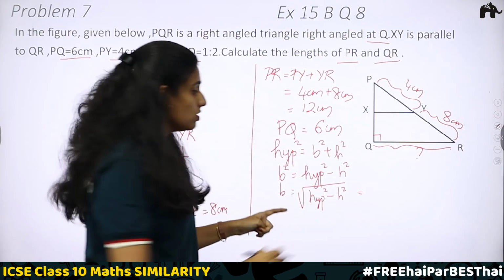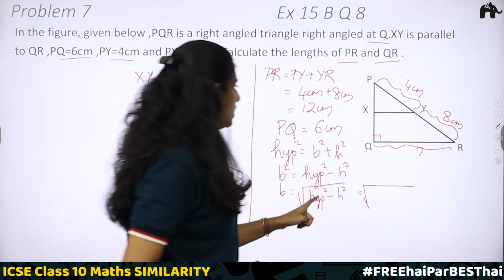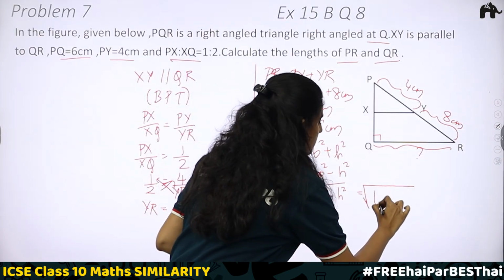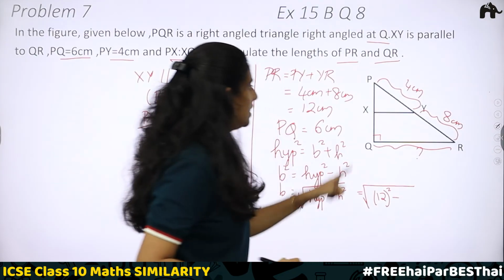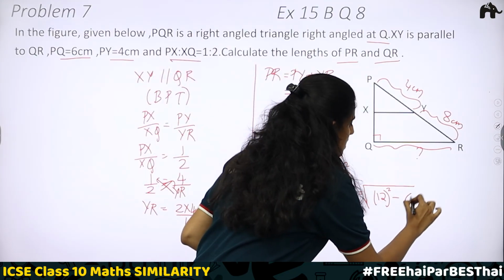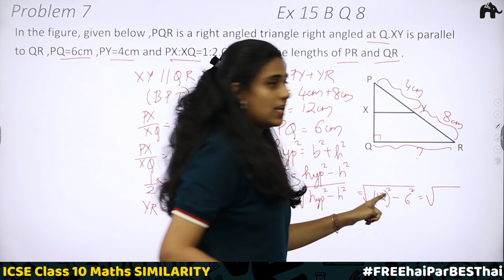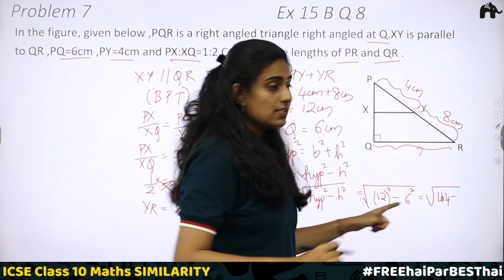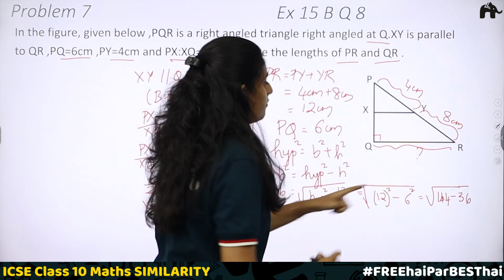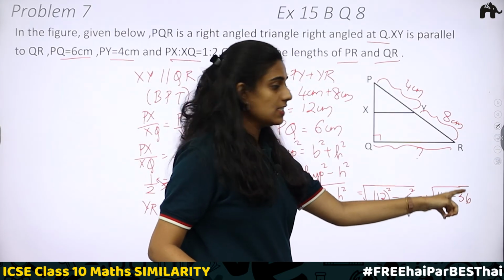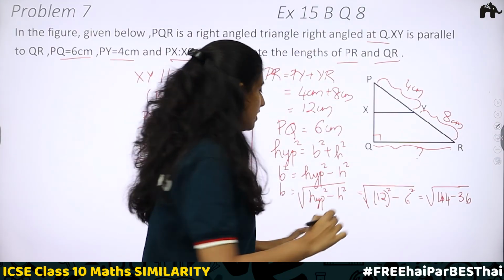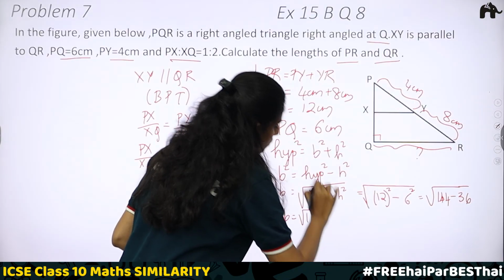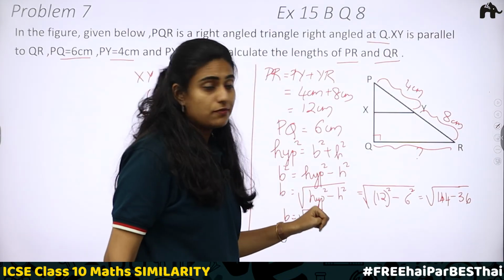Putting the values, hypotenuse is PR, the total length of PR is 12. Root of 12 square minus 6 square, which is root of 144 minus 36, so we get root of 108. Base is equal to root of 108. We need to find root of 108. This is not a perfect square.